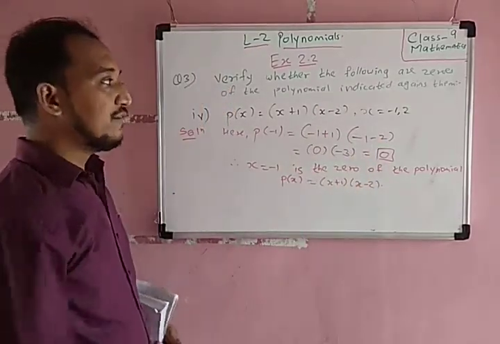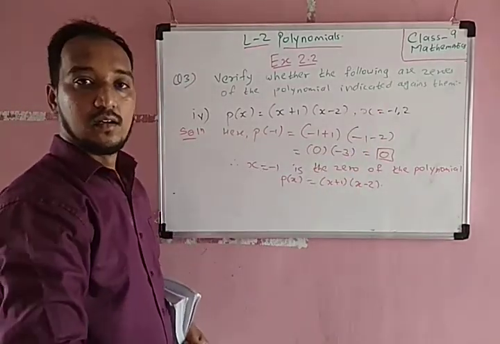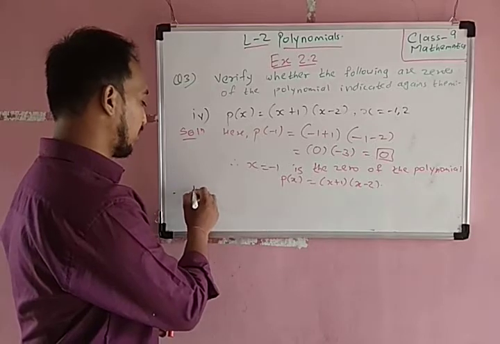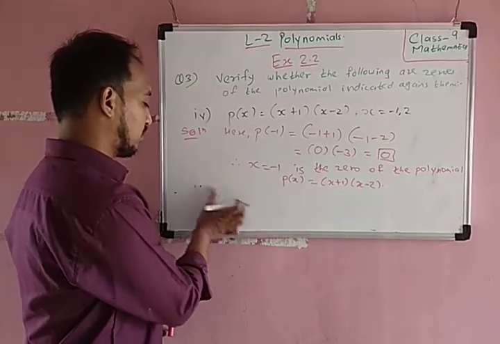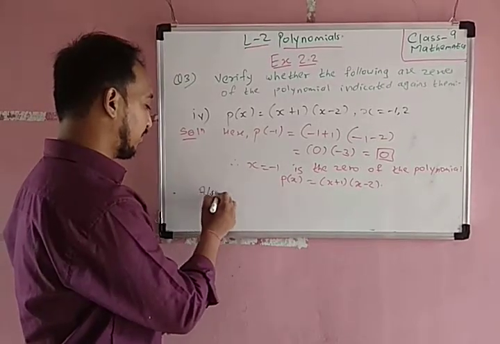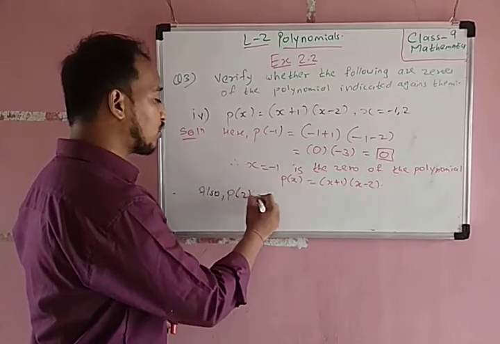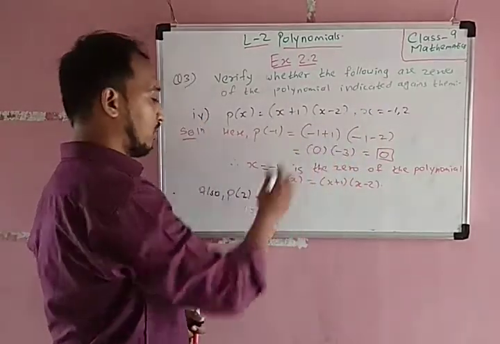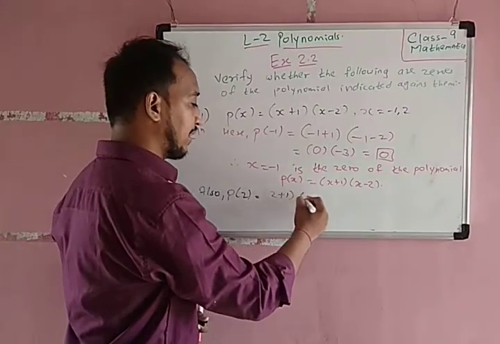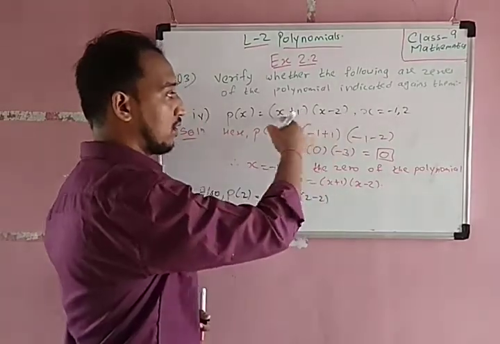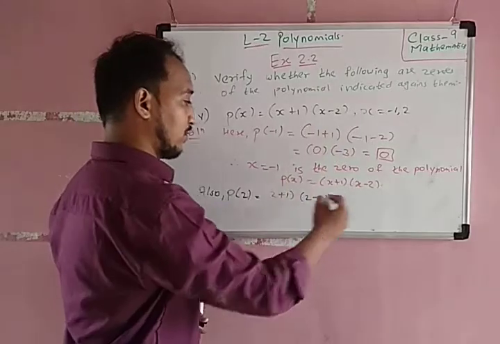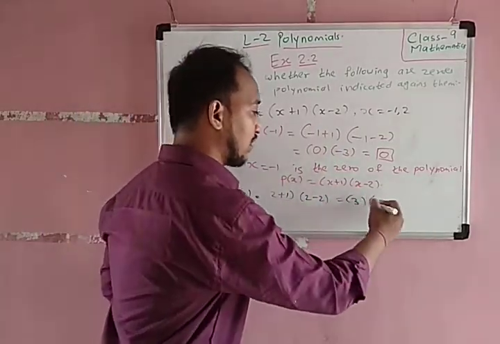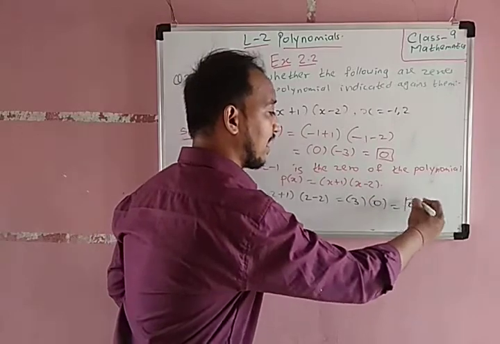Clear? Same way you have to do for x equals 2. So here also p of 2 equals, in place of x I am putting 2, so 2 plus 1 into 2 minus 2. That is nothing but 2 plus 1 is 3, 2 minus 2 is 0. So 3 into 0 is again 0.